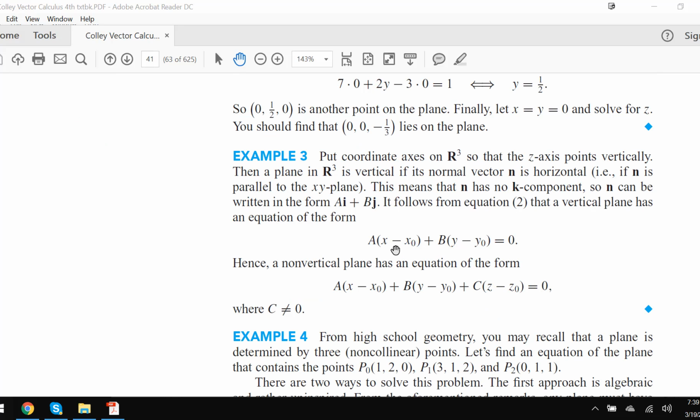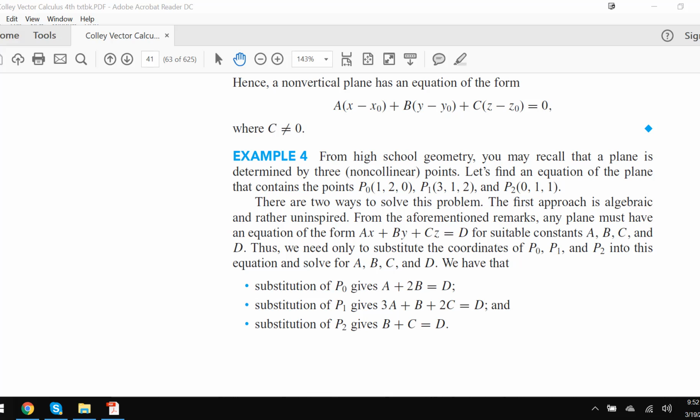So that means that the vertical plane has an equation of this form. Okay, so that's just a fact that we can kind of remember. And therefore, a non-vertical plane has an equation of this form where c is not 0. So as long as c is not 0, then we don't have a vertical plane. Okay, that's just an observation.